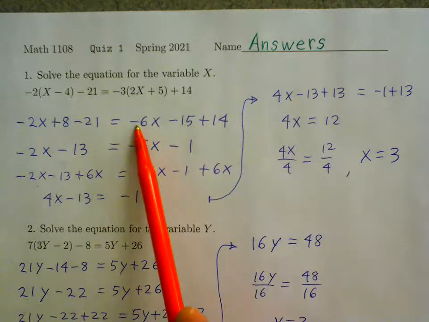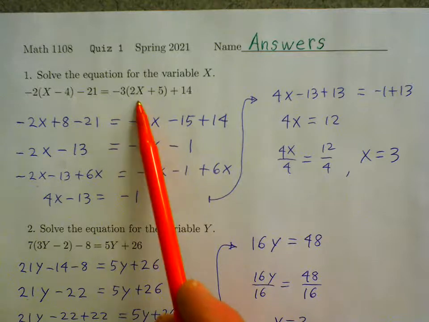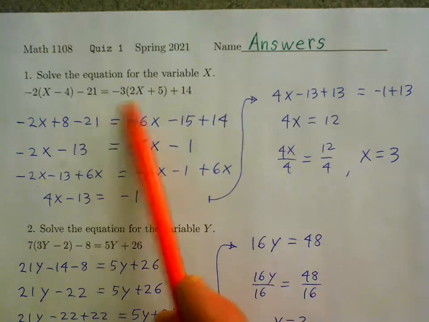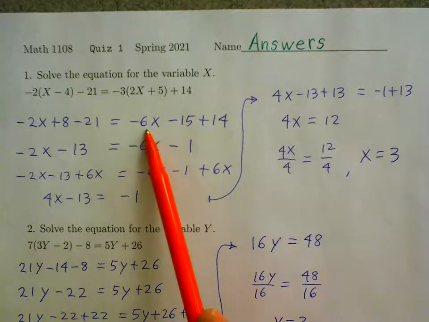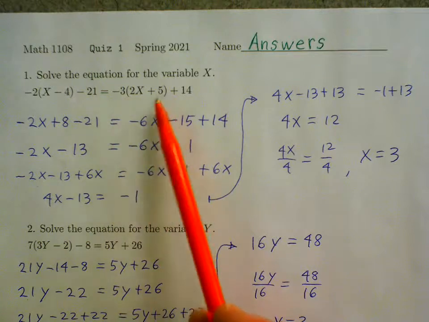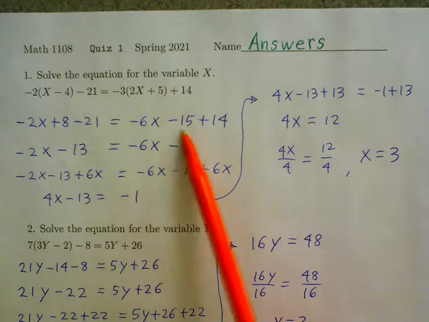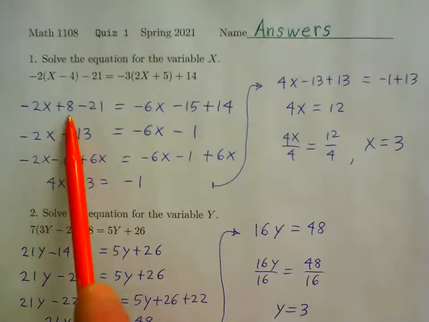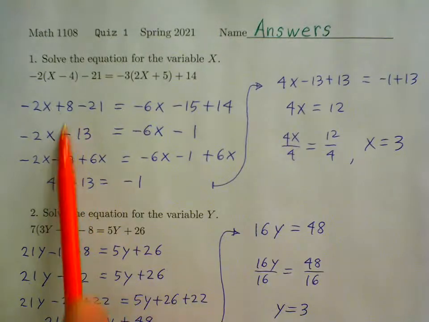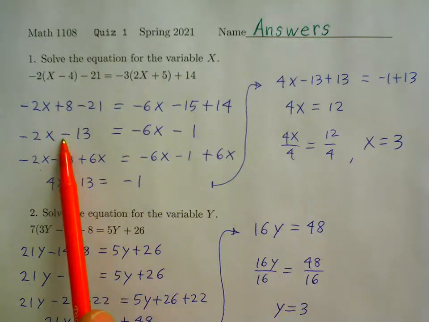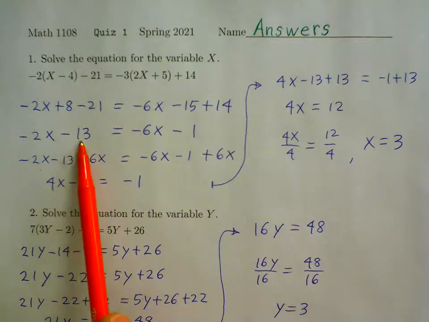And similarly, on the right-hand side, negative 3 times the quantity 2x plus 5. Negative 3 times 2x is negative 6x. And since negative 3 times 5 is negative 15, we subtract 15. Then do the arithmetic. On the left-hand side, we have positive 8 minus 21, so that's equivalent to subtracting 13.